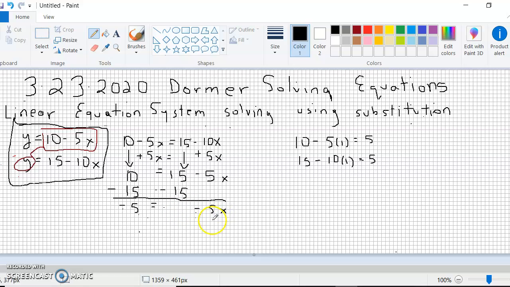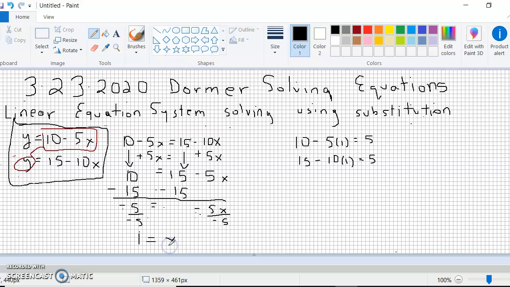Okay, so now I have negative 5 is equal to negative 5x. And now I'm going to get rid of this negative 5 here, so I'll divide both sides by negative 5. What I do on one side, I must do on the other side. So this becomes 1 is equal to x.